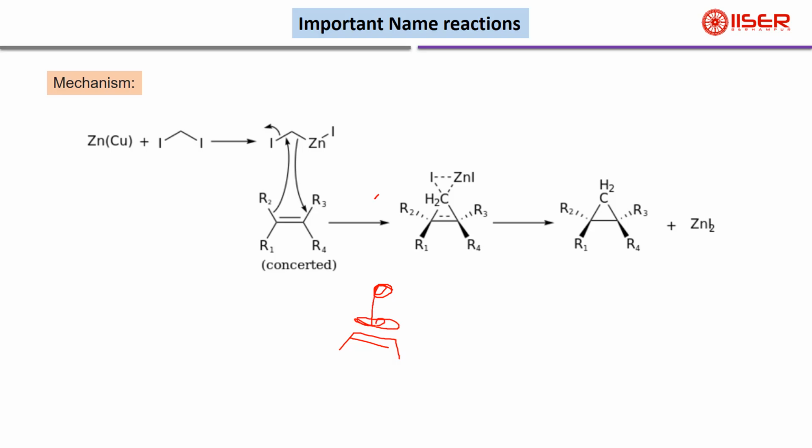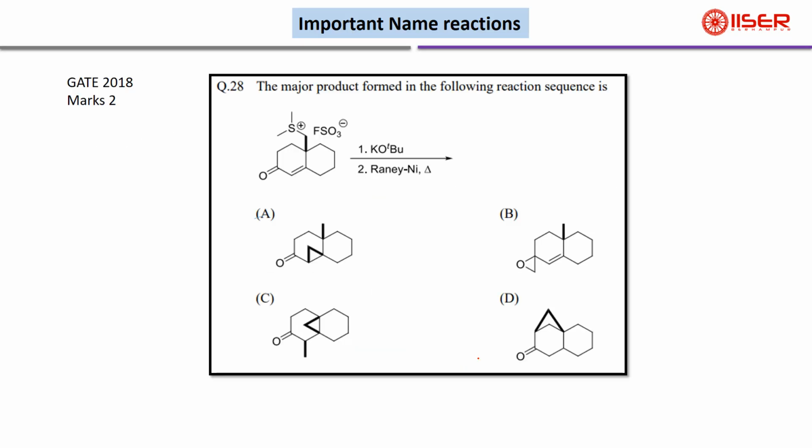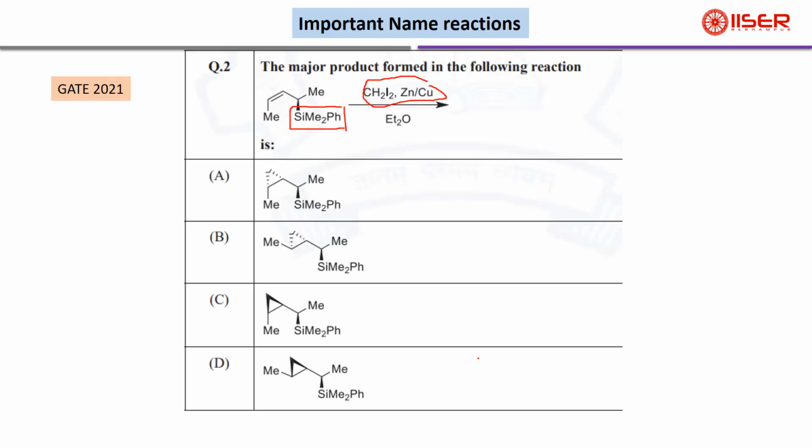There is no state where this double bond gets cleaved and gets a chance to rotate. So whatever the stereochemistry of the alkene before the reaction, it will be retained after the reaction also.